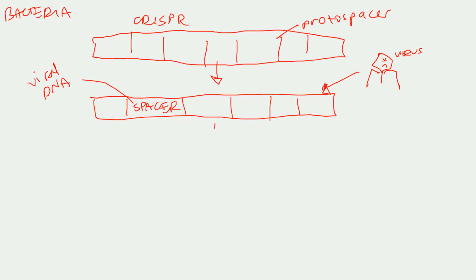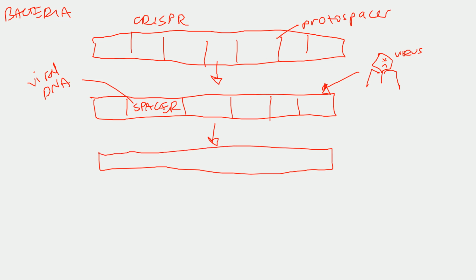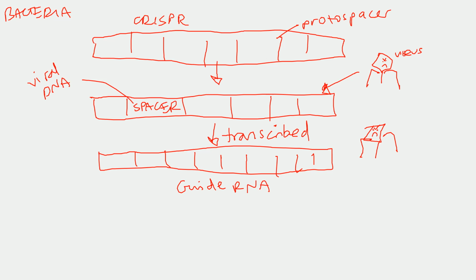So what happens next time that this virus comes to attack this bacteria again? He's back, he wants revenge. What's going to happen is this spacer region that is already in the bacteria, sitting there waiting, is going to be transcribed into something we call guide RNA, or gRNA for short.